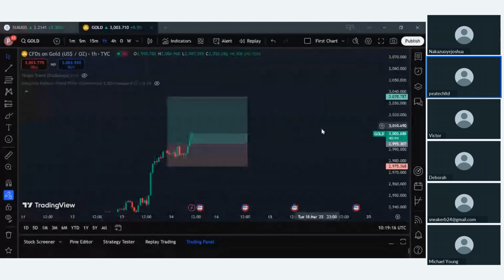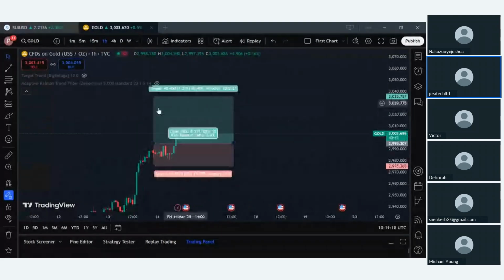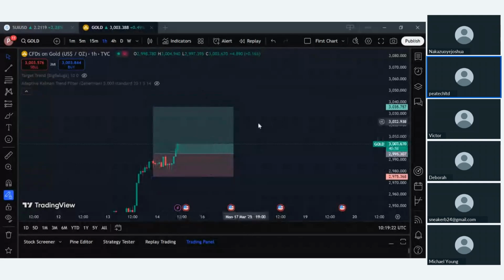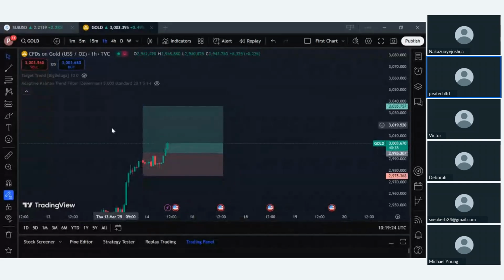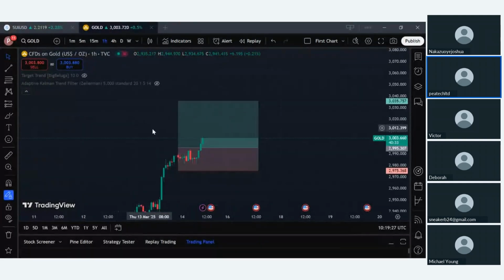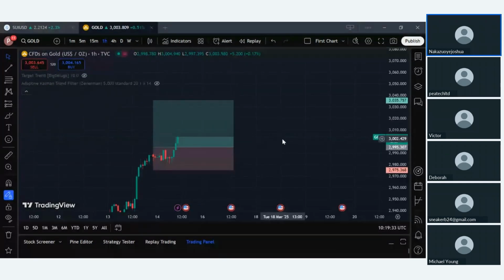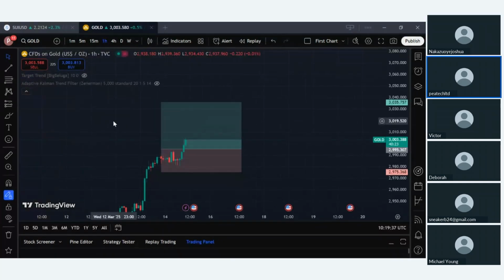For those who took the gold entry, you can see that you're already in profit live. You can see the market is moving smoothly for us and going and going. If you took this entry, is it direct or is it a pair? Gold USD, that's XAU USD.